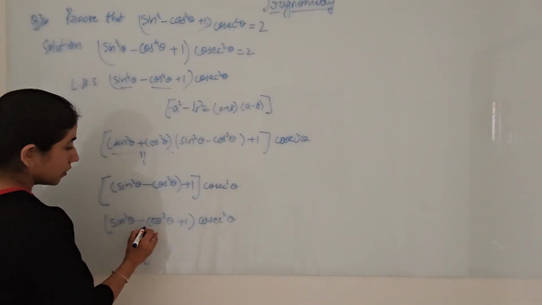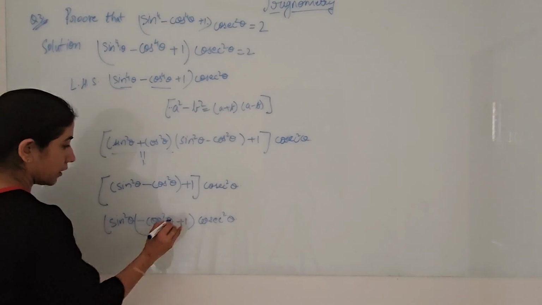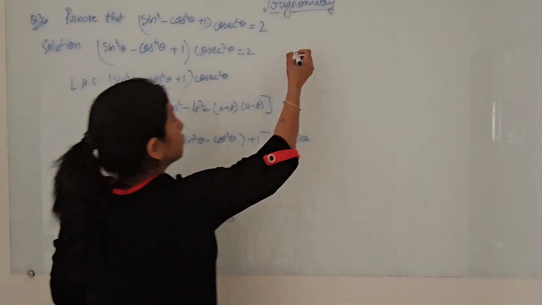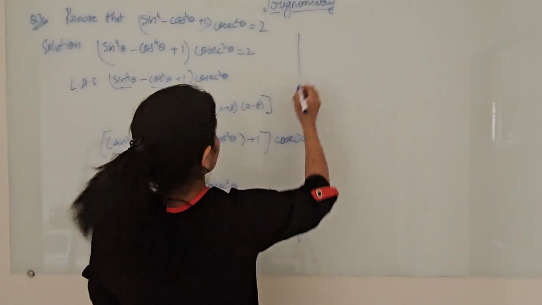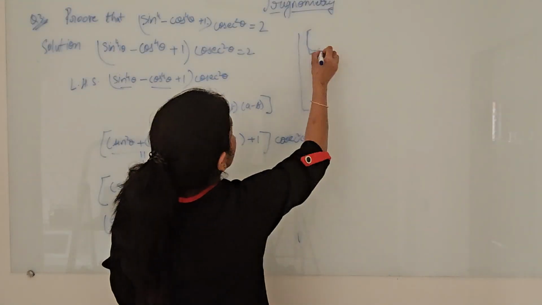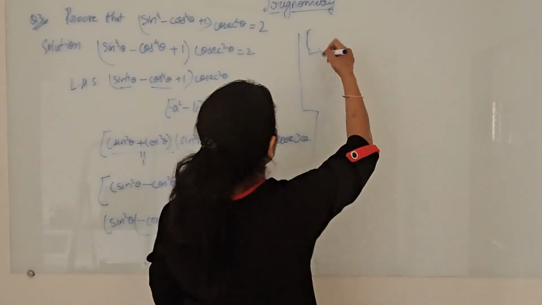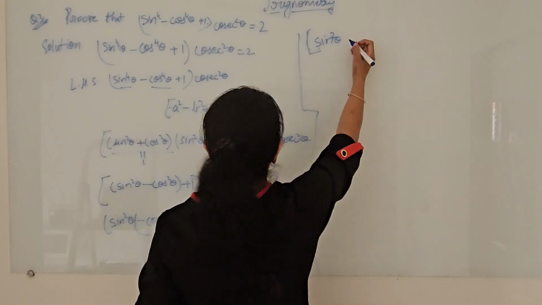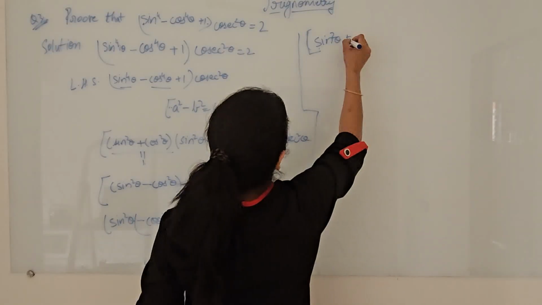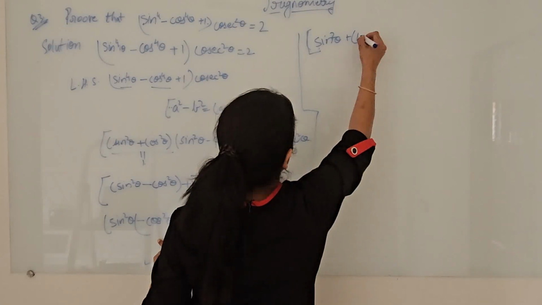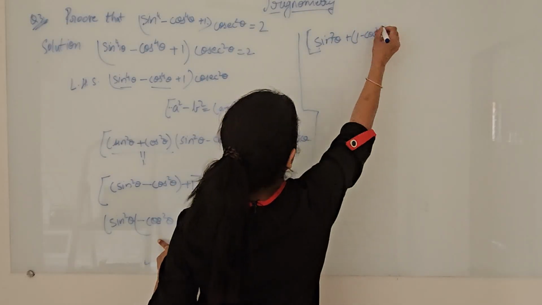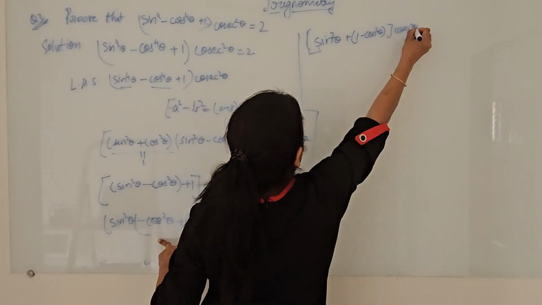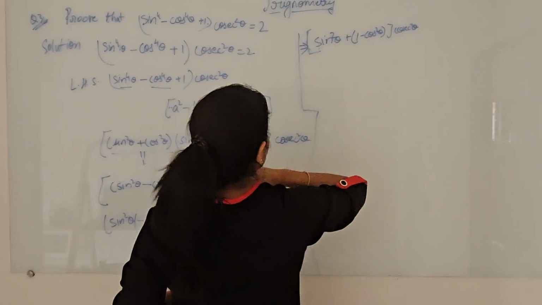Now this is 1 minus cos^2 theta. What can we write it as? Sin^2 theta. Taking square brackets because I need a round bracket inside it. So sin^2 theta outside the bracket, and taking plus 1 minus cos^2 theta within the bracket, and outside the bracket as usual, in every step it is cosec^2 theta.